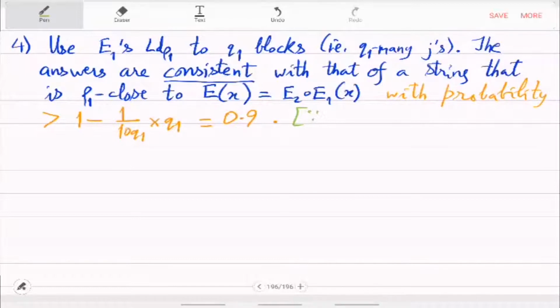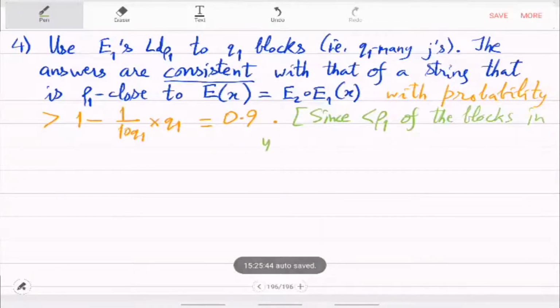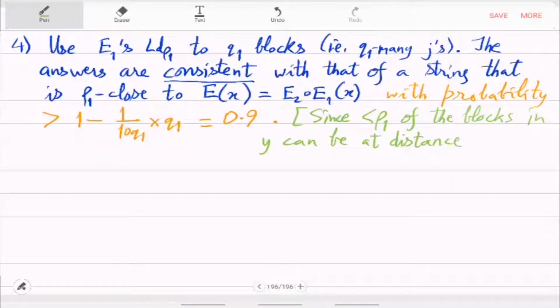Since less than rho 1 of the blocks in Y can be at distance greater than rho 2 from the respective true block.